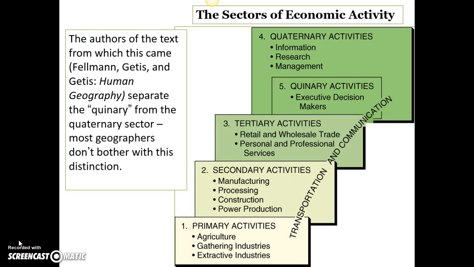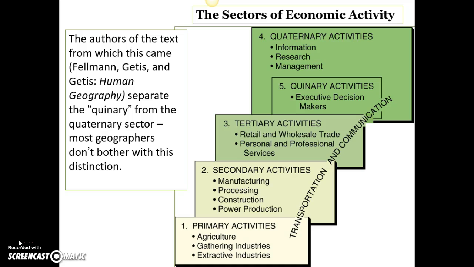It's really in secondary is where you start to get into hardcore commercial activities. Tertiary, anything in retail or wholesale, personal or professional services, right? So personal services might be maids or things like that. Professional services might be when you hire, say, a landscape architect to design your backyard.